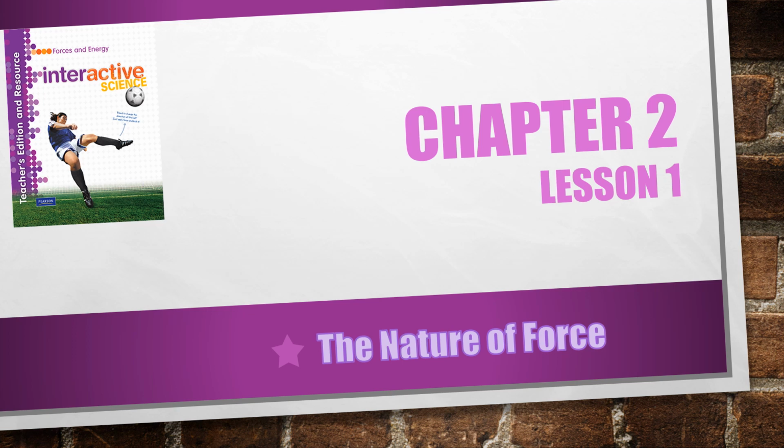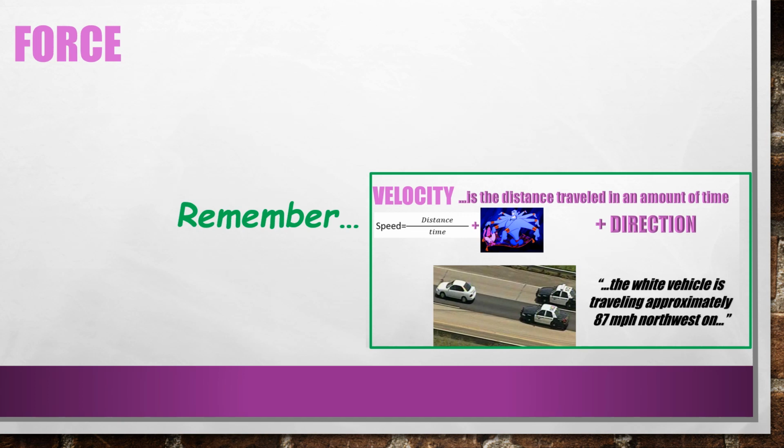All right, so getting into chapter 2, lesson 3, kind of switching gears a little bit. We're going to get into the nature of force and what is force, right? So we got to remember that when we talked about some of these things, in chapter 1, lesson 2, we talked about velocity. And we said velocity was a speed and a direction.